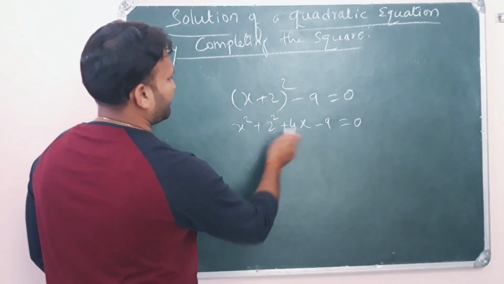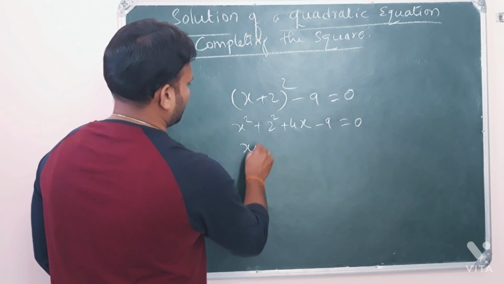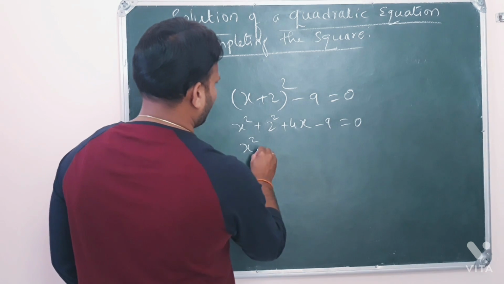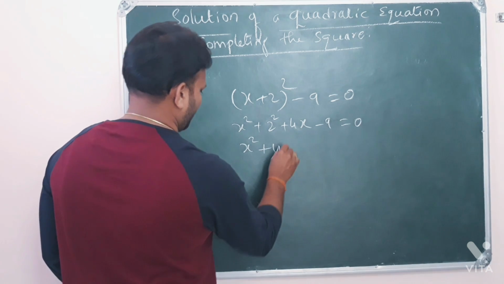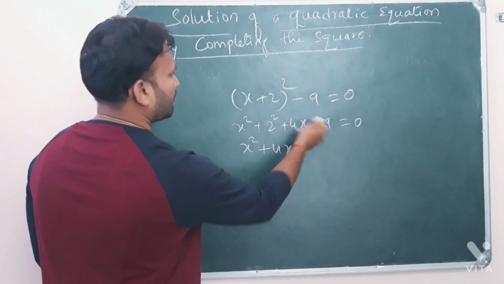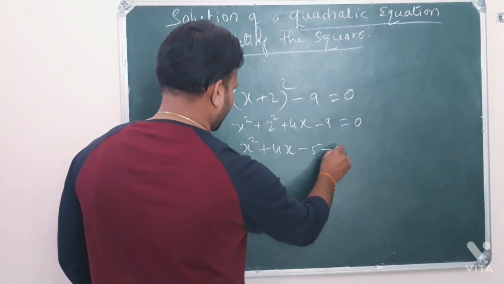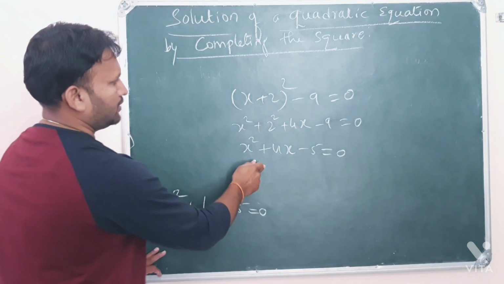So again, x square plus 4x, 4 minus 9 is minus 5, isn't it? So we get this only.